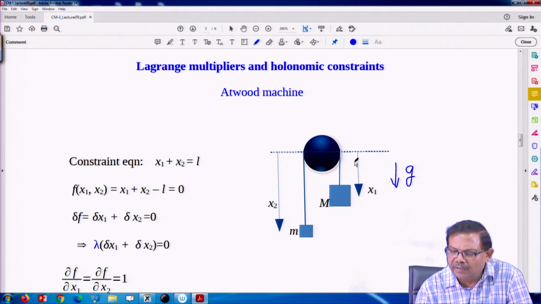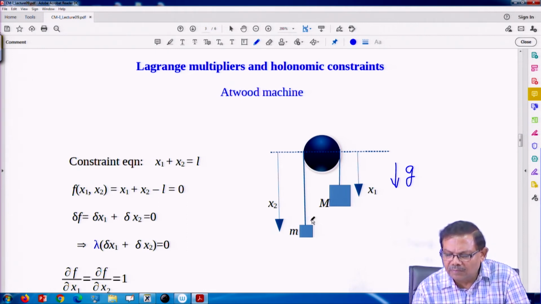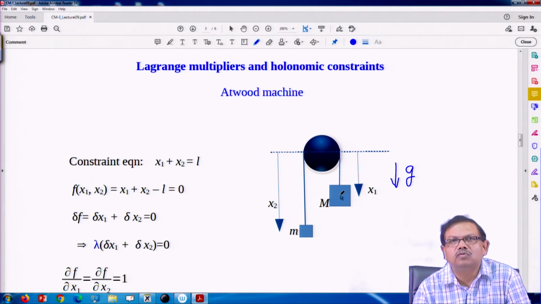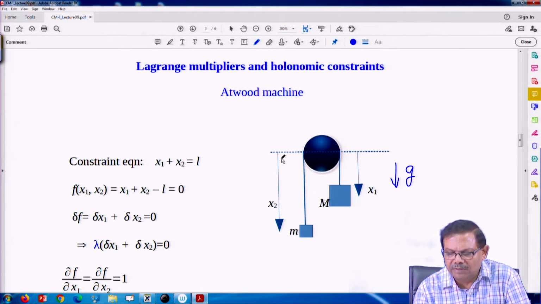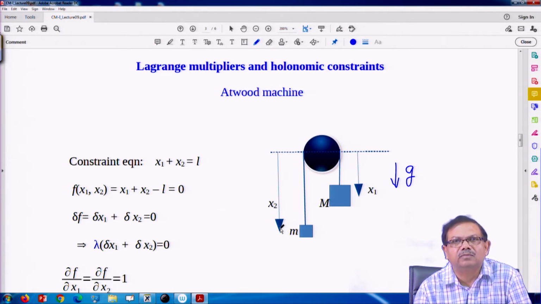I am measuring the distance of the center of mass of these two blocks from the center of the pulley. This one at x 1 and here the smaller mass at a distance x 2. We will measure downward from here.